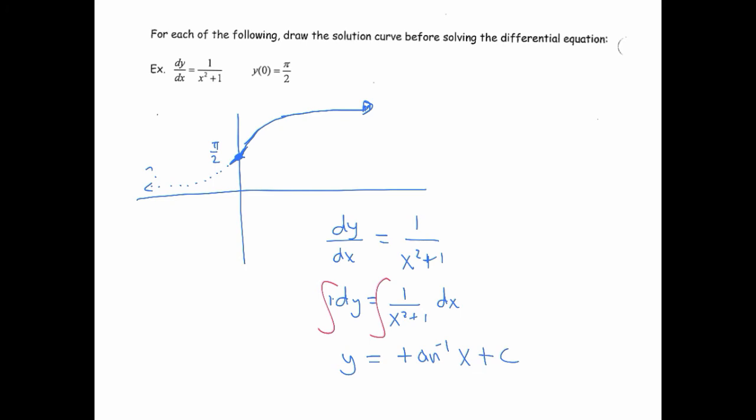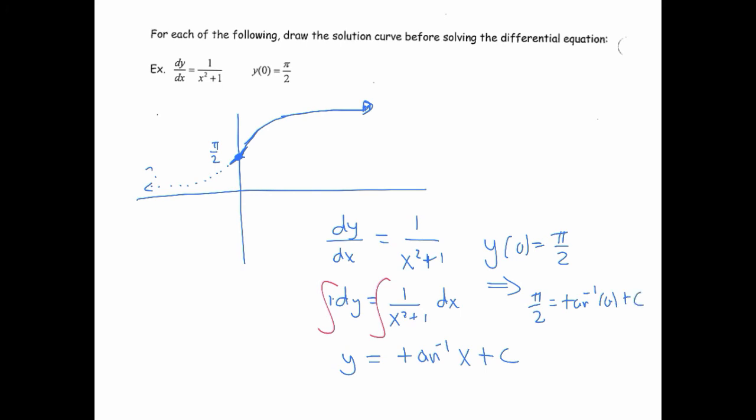So this is the graph of tan inverse, which means, well, actually, we have to wait till we plug in the initial condition. So I know when x is 0, y is pi over 2. So y of 0 equals pi over 2 means that pi over 2 is equal to tan inverse of 0 plus c.